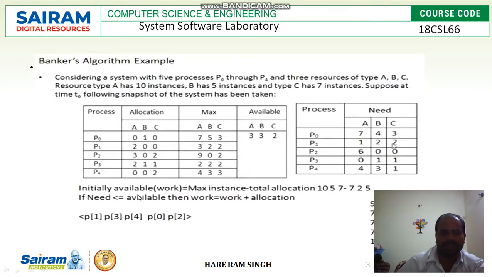So the initial available matrix is 3 3 2. Now if need is less than or equal to available, then work equals work plus allocation.